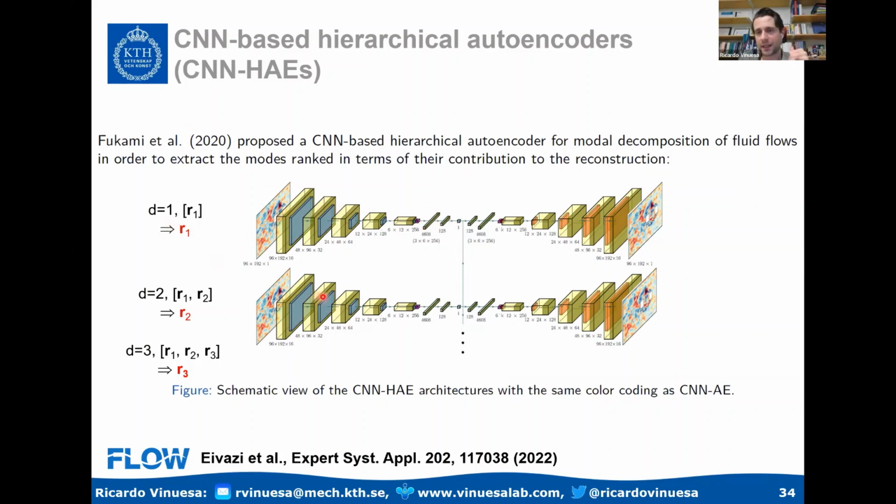Then I go to a second autoencoder with a dimension of 2 in the latent space. If I fix my first latent variable, I'm going to get another one, R2, basically, with less contribution to the reconstruction of the signal. And if I do that recursively, I will end up with a sequence of latent variables which have less and less contribution to the reconstruction of the data. This is hierarchical, but still these modes are not orthogonal.